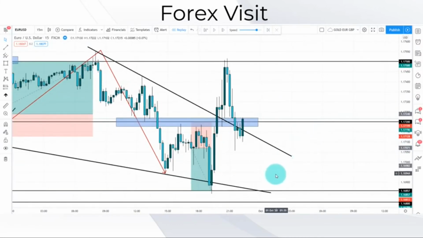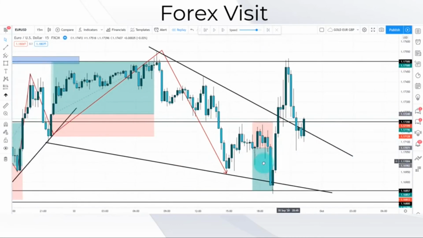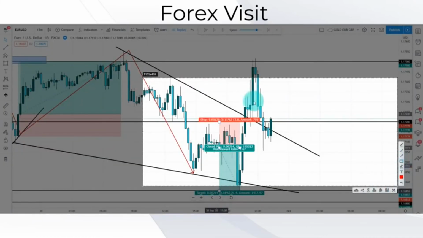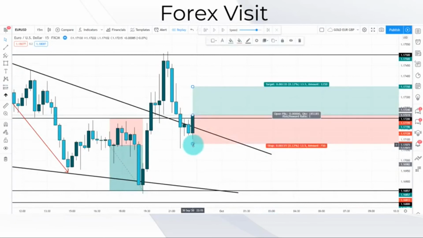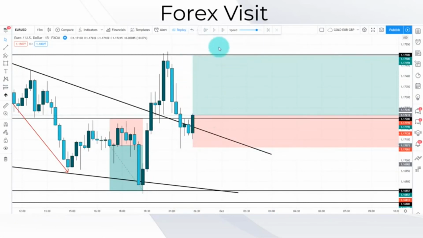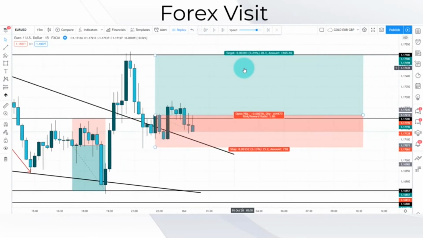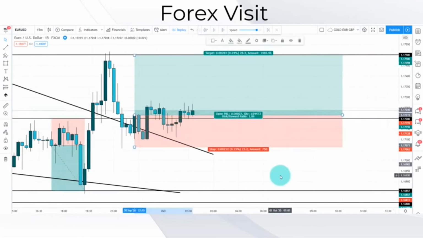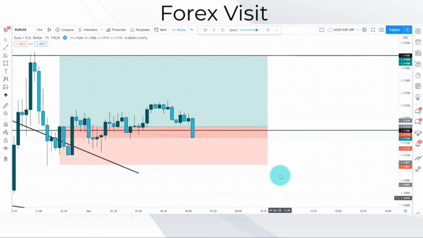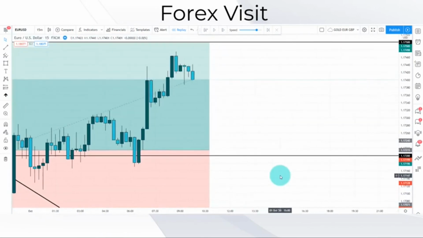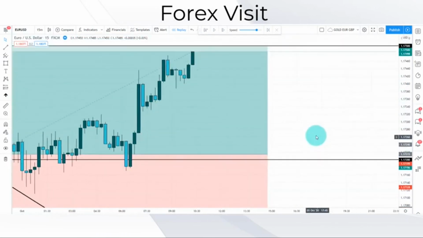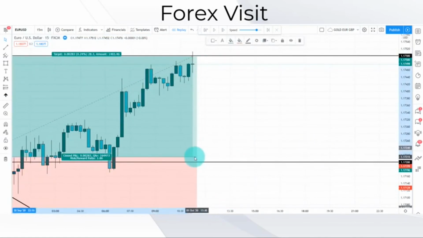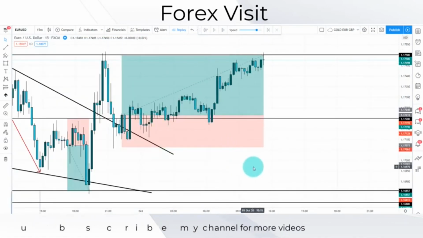So here we place a buy trade. We won this last trade too.